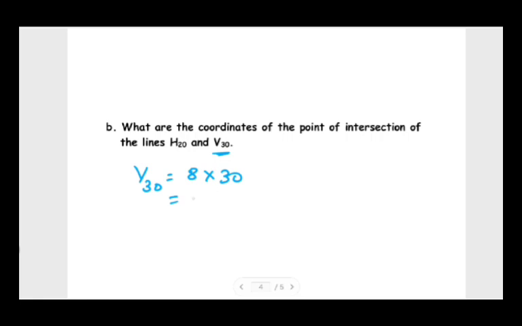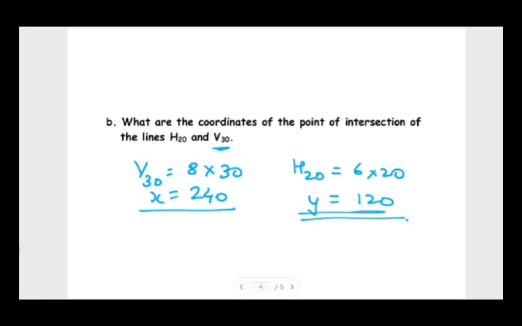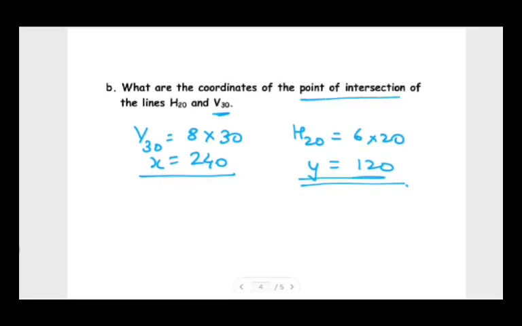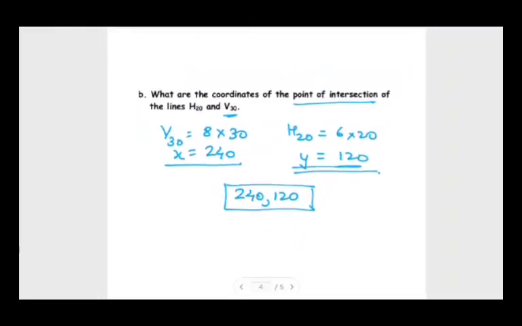V30 is going to be 8 threes are 24, so 240. So that's my x equation. x is equal to 240, and what is my H20 going to be? 6 into 20, which is 6 twos are 12, 120. Which is going to be my y coordinate. So what is the point of intersection going to be? 240 by 120. Isn't it very simple, children?